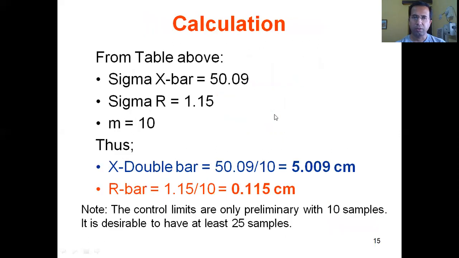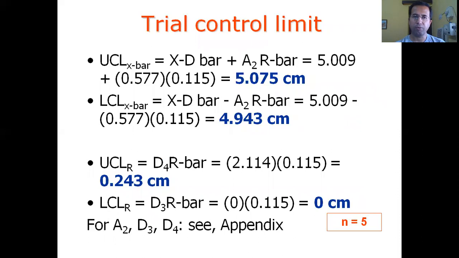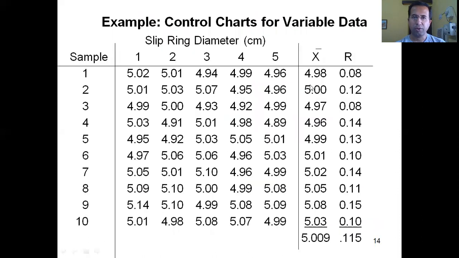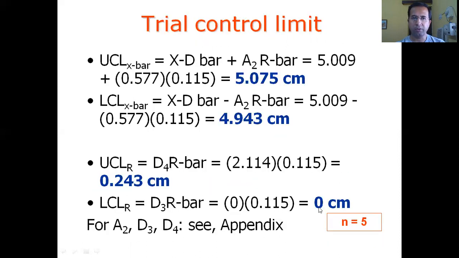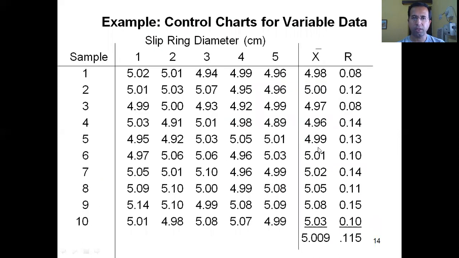So 5.075, there is one value falling outside the upper control limit in x bar, 5.08. And 4.943, is anything lower than that? No, we don't have anything lower. So there is one sample indicating the process is not in control and there is some special cause of variation associated.